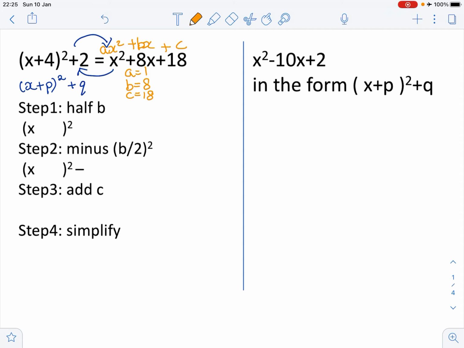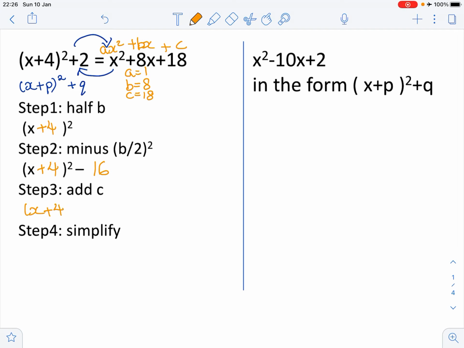So following our steps, step 1, we halve b. b is 8, half of b is 4, so it'd be (x plus 4) squared. Then step 2, we need to subtract half of b, squared. Half of b is 4, so half of b squared would be 16.